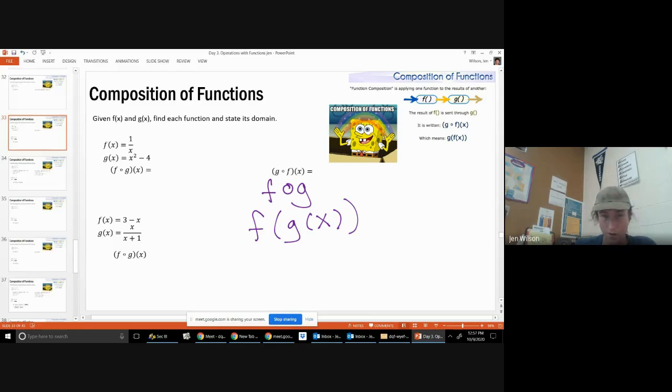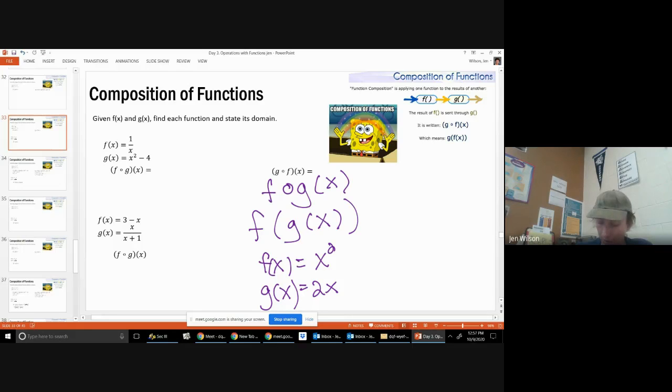Some people call it the fog function. Where we're going to put g of x into f of x, and let's just say f of x is x squared, and g of x is 2x. So we are putting g of x into f of x. So let's write the one that it's going into first, the big blank.